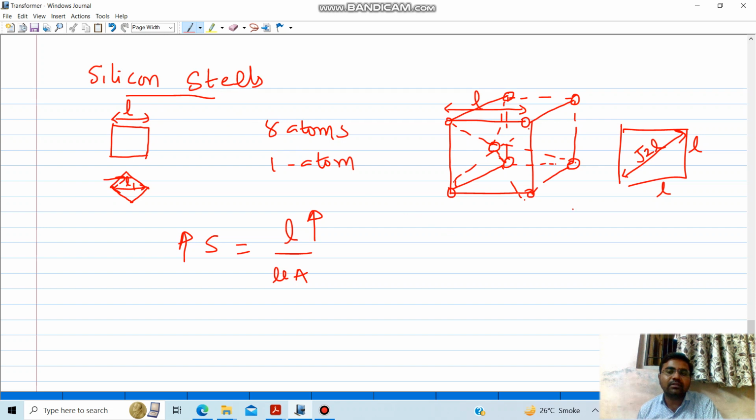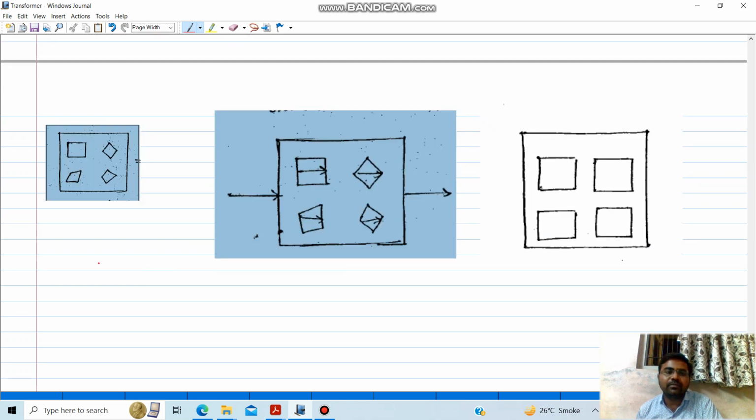In the silicon steel material, as shown in this figure, those crystals are placed very randomly. So sometimes the flux has to pass through length L, and sometimes through square root of 2 times the length. Now in order to make those grains or crystals oriented in one direction, there is a heating process on silicon steel.